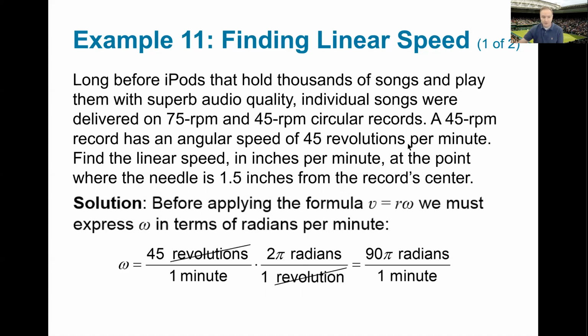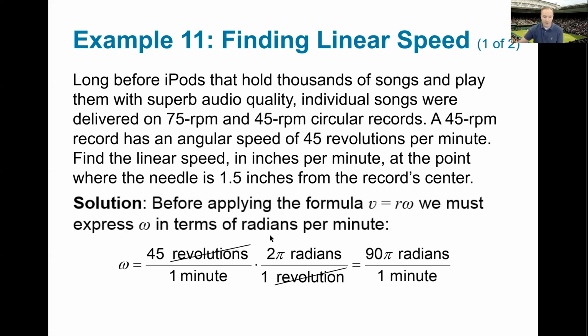Now, before applying the formula v equals the radius times omega, we must express omega in terms of radians per minute. It tells me up here that the record is going at a rate of 45 revolutions per minute.